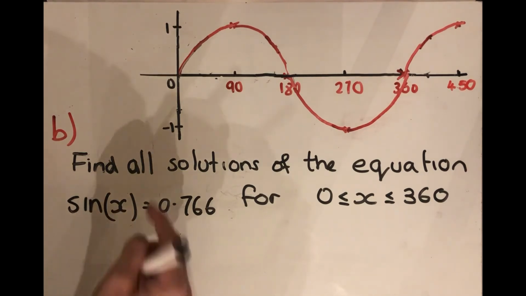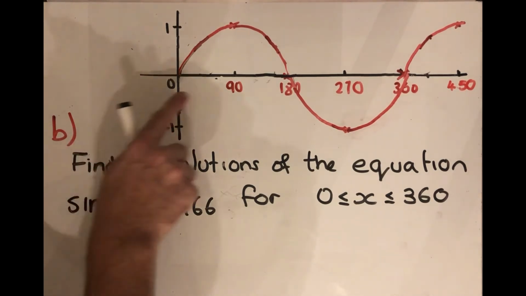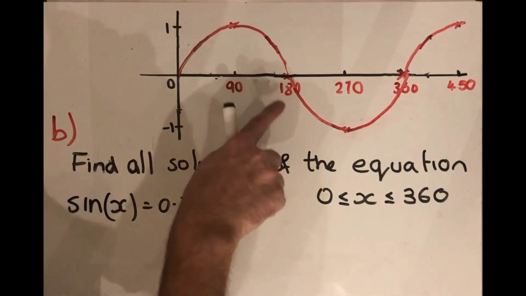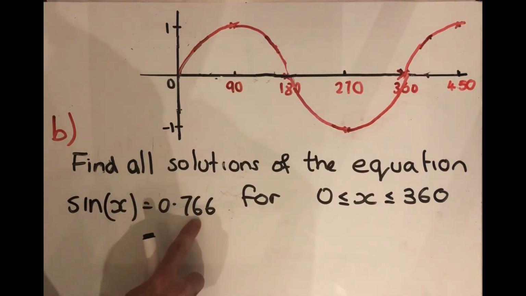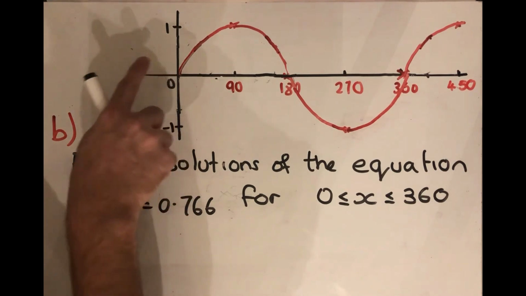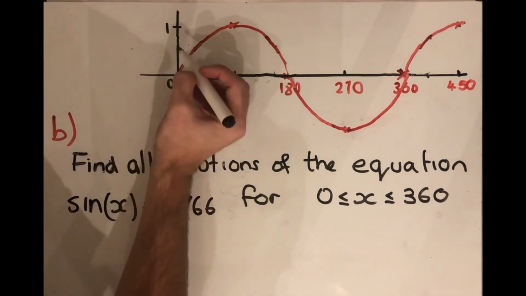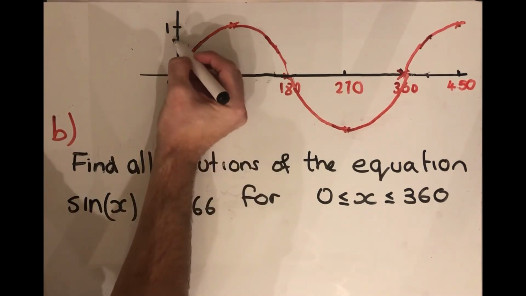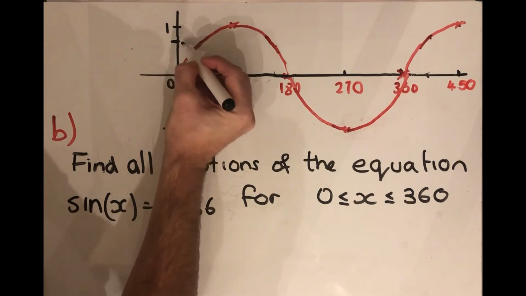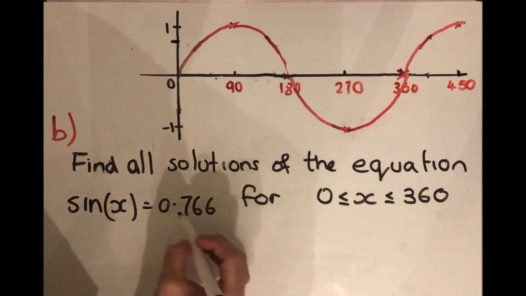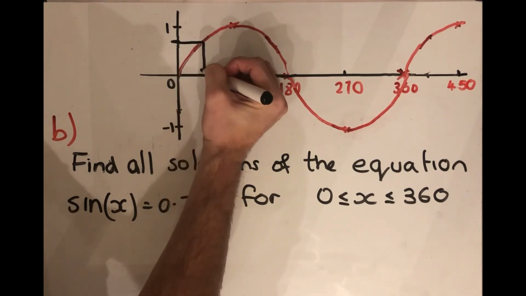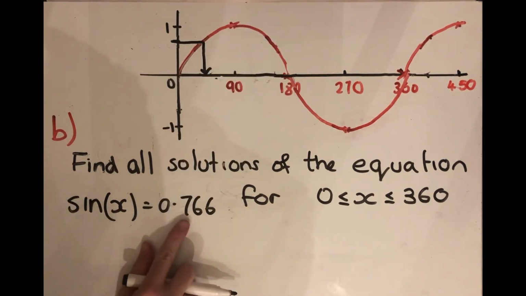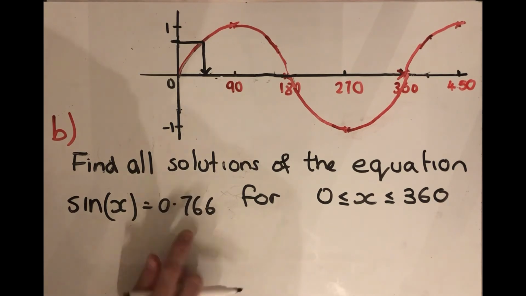My answer when I did sine 90 was 1, sine 180 was 0, and so on. But where would I get an answer of 0.766? Well, roughly, this is only a sketch, you don't have to do this accurately in the exam. Roughly 0.766 is that. So if I want to find my answers using this graph, I'll go across, and that value there would have given me an answer of 0.766.